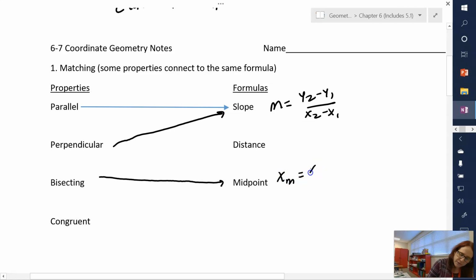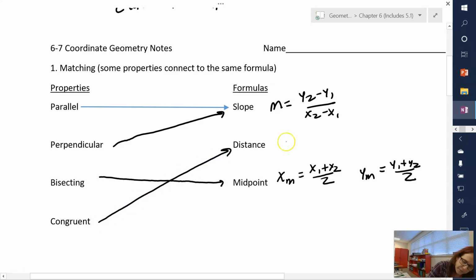Midpoint of the x is x1 plus x2 over 2, and the midpoint of the y is y1 plus y2 over 2. And then to confirm that sides are congruent, you're going to use the distance formula, which is d equals, put in a big square root, x2 minus x1 squared plus y2 minus y1 squared.